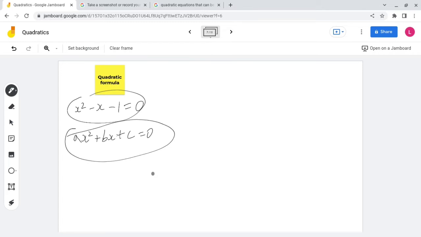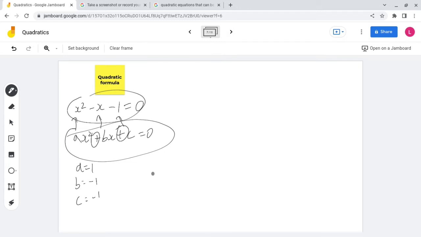As you can see, this is the quadratic form that we're supposed to make it into. For this, we can sub in a, b, and c, right? So a is the coefficient of x squared, b is the coefficient of x, and c is the last number, right? So a equals 1, b equals -1, and c equals -1.